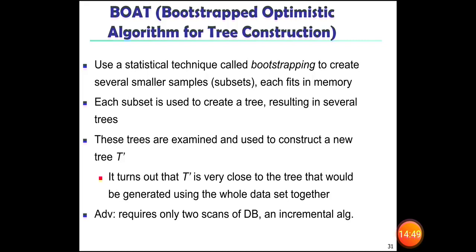For example, when we find the value of the tree, the value will be very close to the data set which is already generated. The advantage here, by using this method, is that it requires only two scans of the database and is an incremental algorithm.